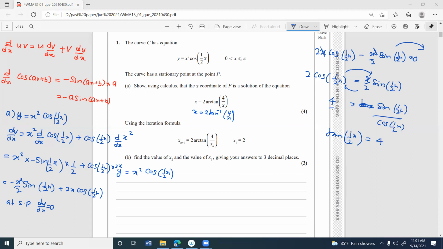So if you bring the x over, 4 over x, then you can write half x is equal to tan inverse 4 over x. Therefore, x becomes 2 tan inverse 4 over x. That's the answer you can obtain as the first part of this answer. Okay. That's what we need to do. Okay, we'll come up with this.